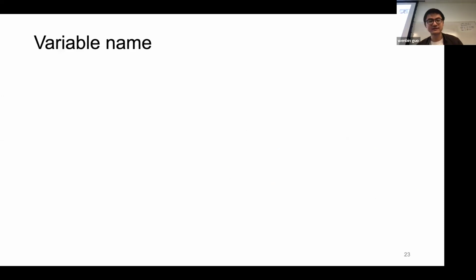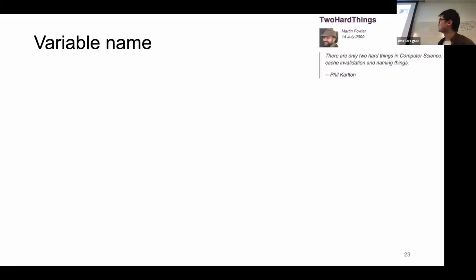And so about the name, how should we name a variable? Actually, I want to bring to your attention that we are dealing with something very difficult. This is a famous guy who wrote a book called Refactoring back in the early 2000s, and this book is regarded as a Bible by many software engineers.